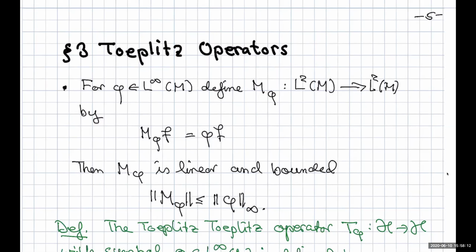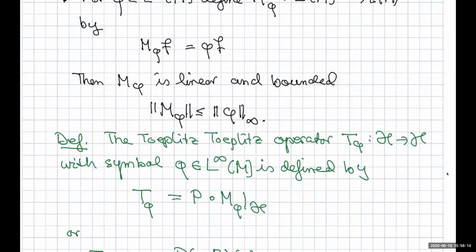Now what you do is, you have the Hilbert space of holomorphic functions sitting in the L2 space, so you take the holomorphic function, embed it into L2, multiply, and then project back.